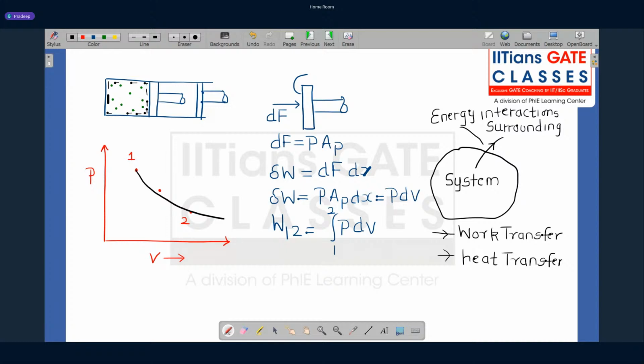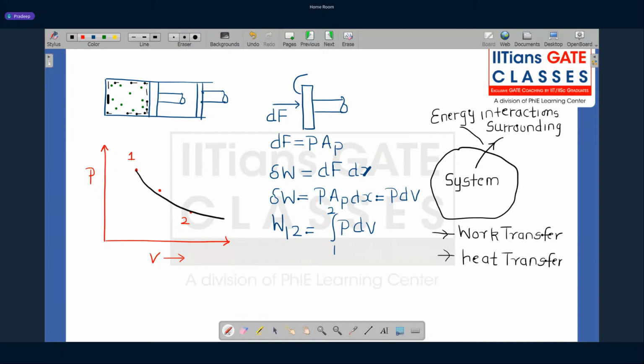And what is the system doing? The system is doing some kind of energy interaction with its surrounding during this expansion of the gas. What kind of energy interaction is it? That energy interaction happens via a mechanism called work transfer.